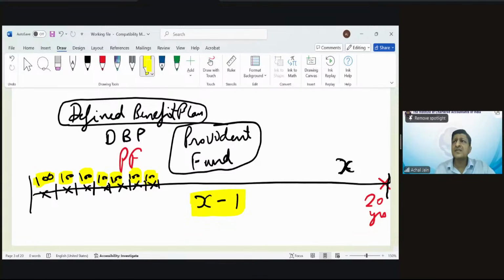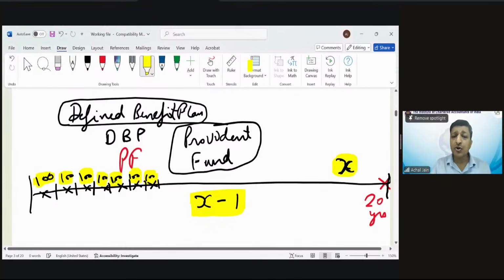Let's suppose the government has specified it is 8%, and that is the return which is required to be paid to the employee also. It's a sort of statutory requirement. But the fund has not been able to generate that much return, and that's why this amount falls short.